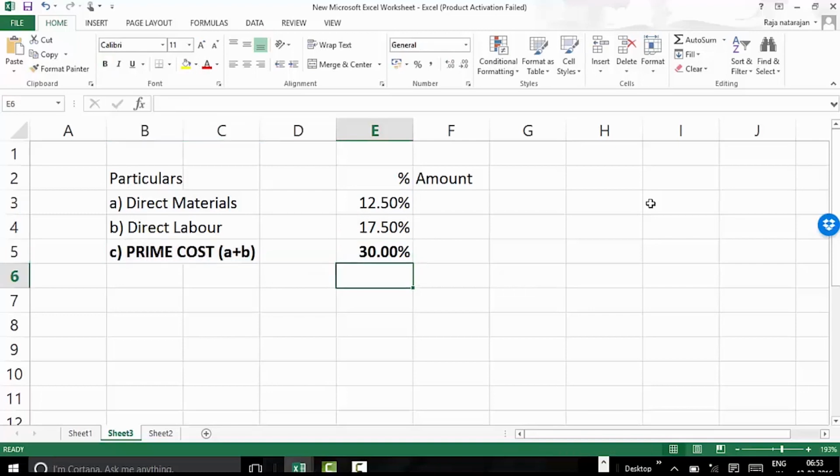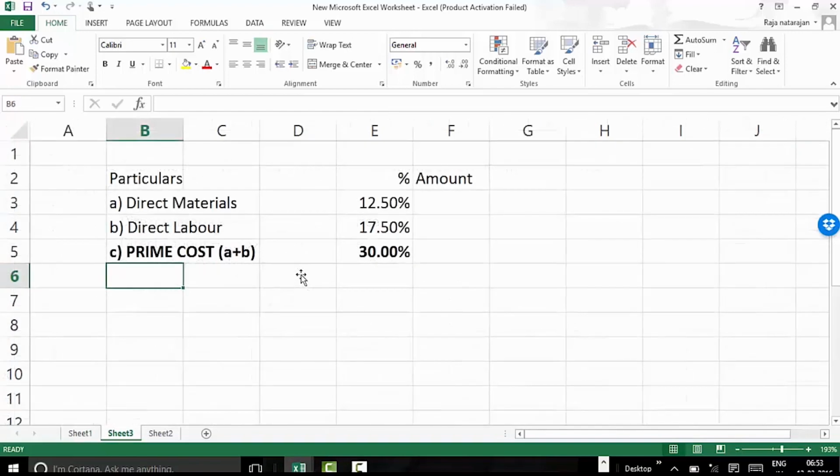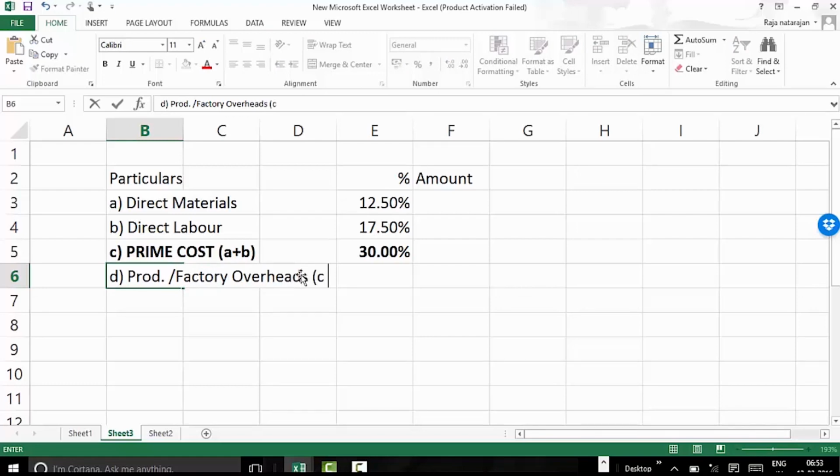Okay, then with this, what else should I add? Let me go back. Question says the production overheads, which is nothing but the factory overheads, is one third of the prime cost. So I have to apply one third on prime cost, and that will help me find out my production overheads. So item D, my production, or say factory overheads, and this is nothing but item number C multiplied by one third.